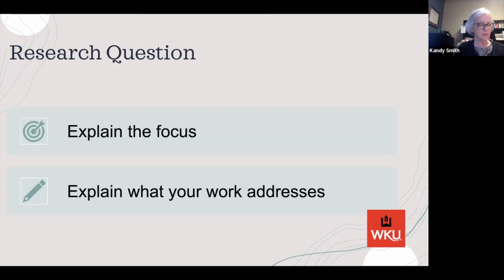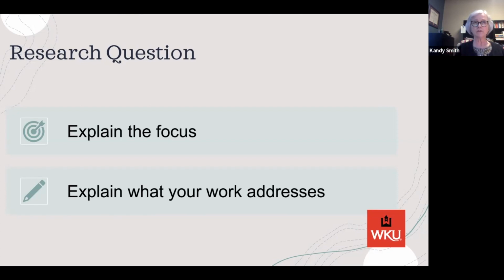So the research question is how you explain what you're wanting to know. I'm going to show you a past proposal abstract and let you see exactly what they did in theirs. They included all of these sections, but this is where you are giving the person reading your abstract information about what you're looking for.